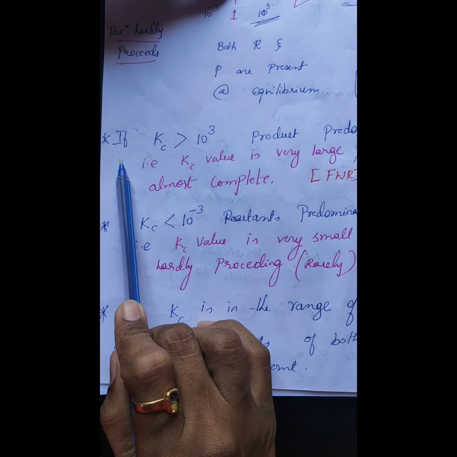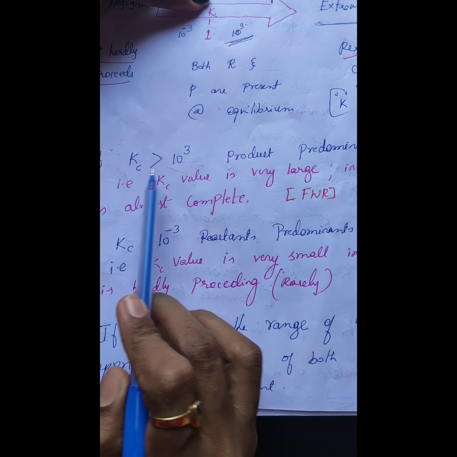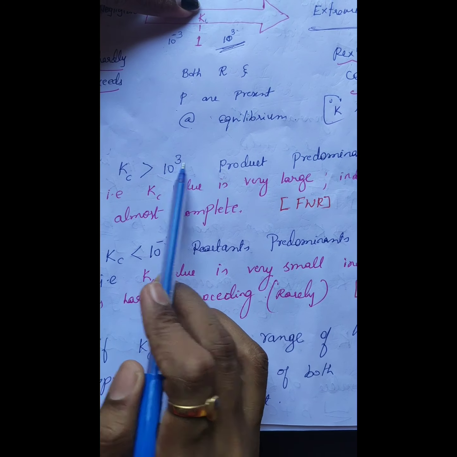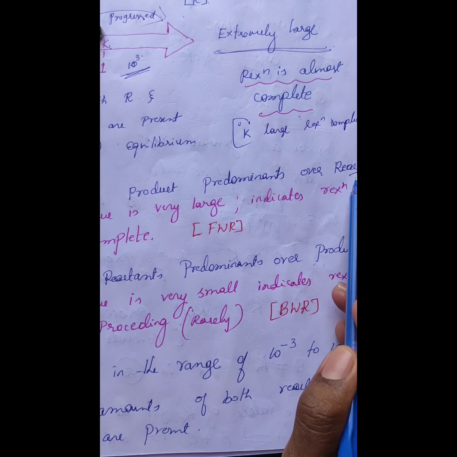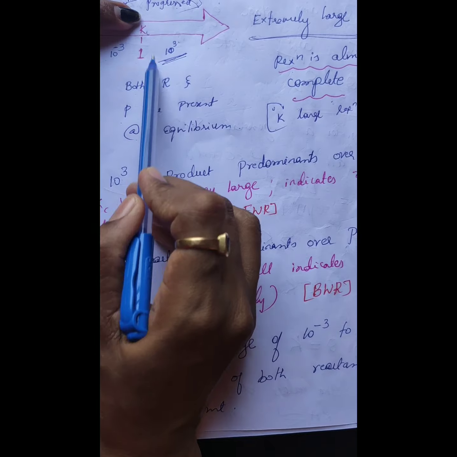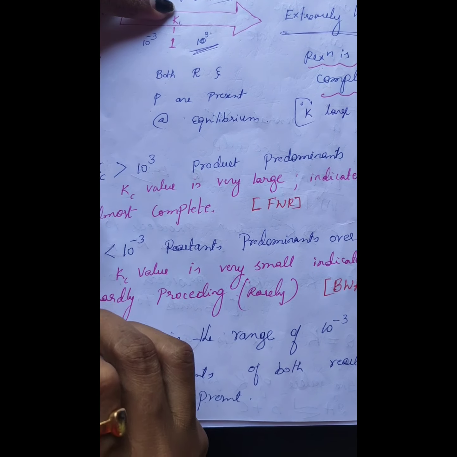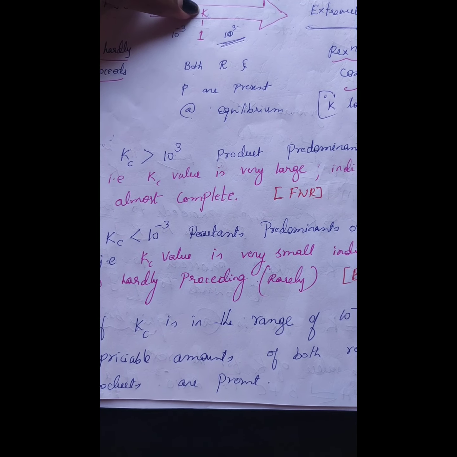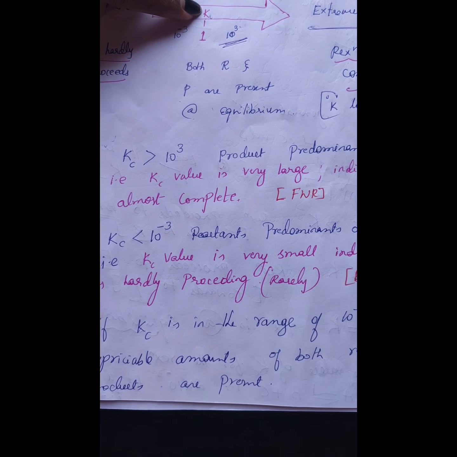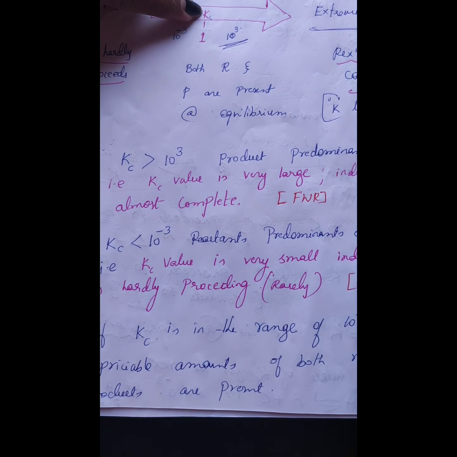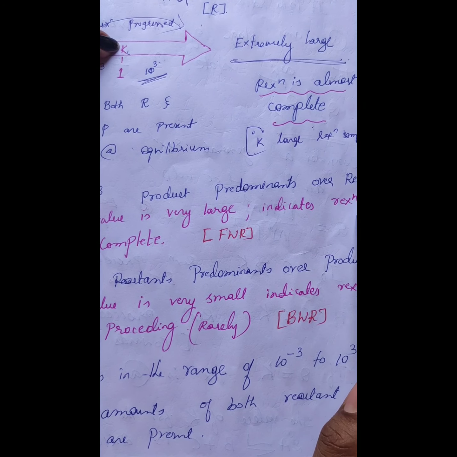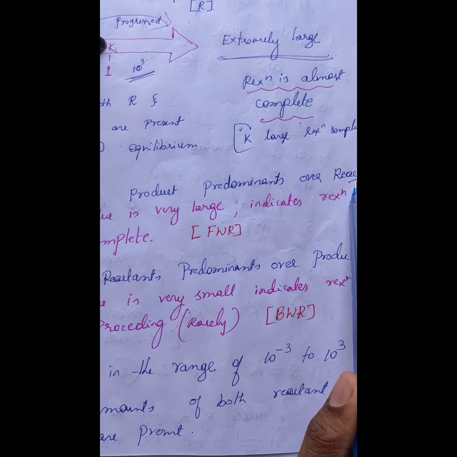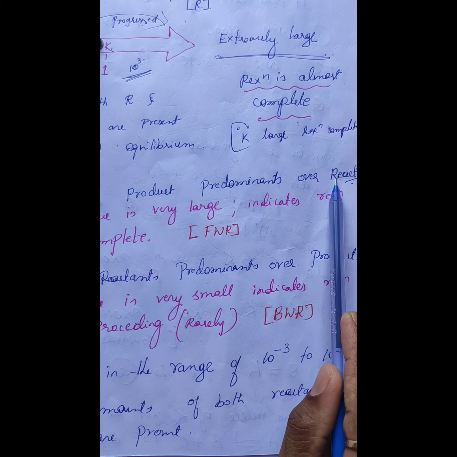If this Kc value is greater than 10 to the power 3, what does it indicate? Product predominates in the reaction. If the Kc value is very large, then the reaction is almost completed, so the product formed is very high and will predominate over the reactants.